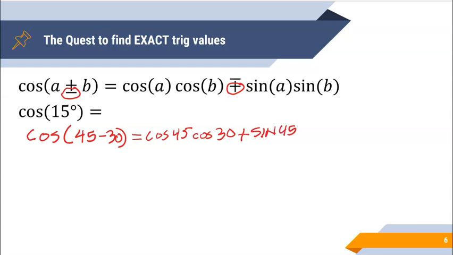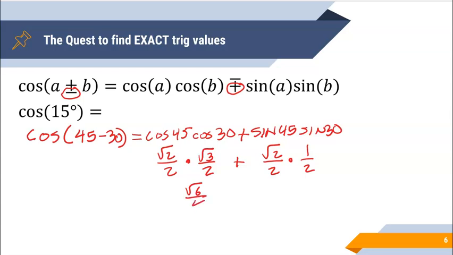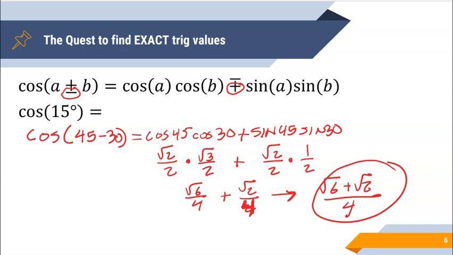Sine of 45, sine of 30. Okay, put in our trig values. Do our multiplication. Add them up. And we have our exact answer for the cosine of 15 degrees.